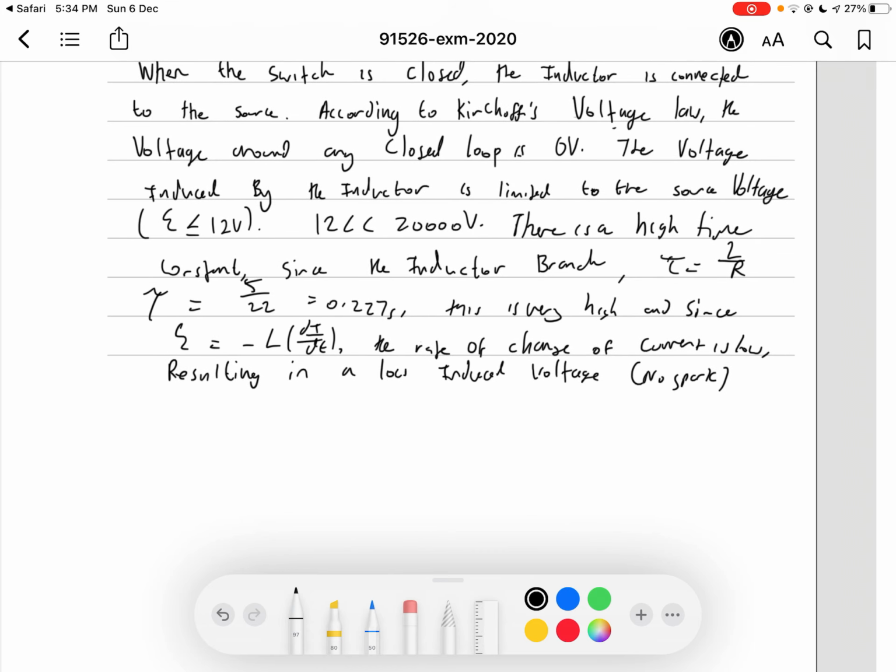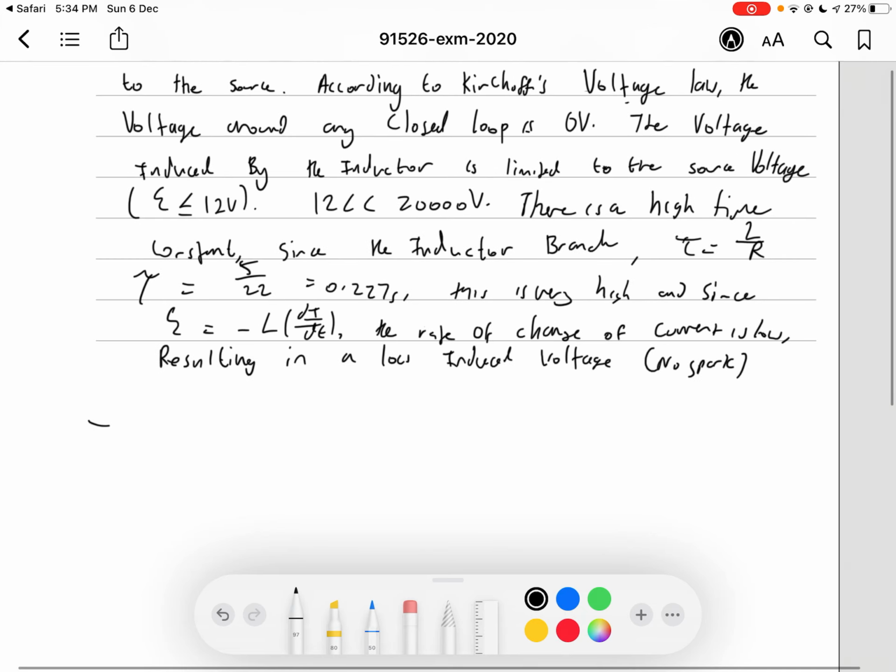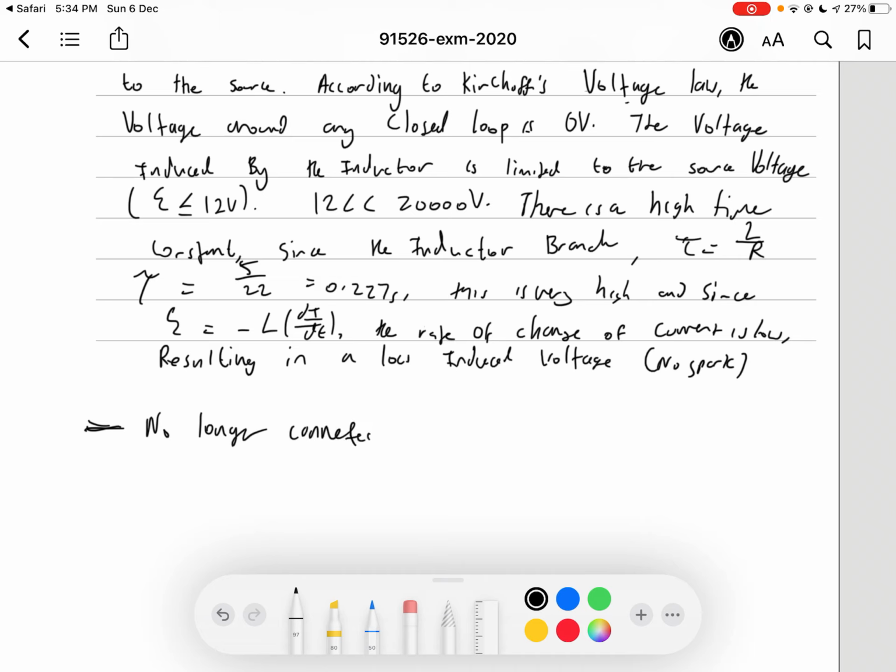In terms of when the switch is open, I'm just going to bullet point it, since I'm running out of space here. So no longer connected to battery. So you can say that there's high resistance due to the open space.